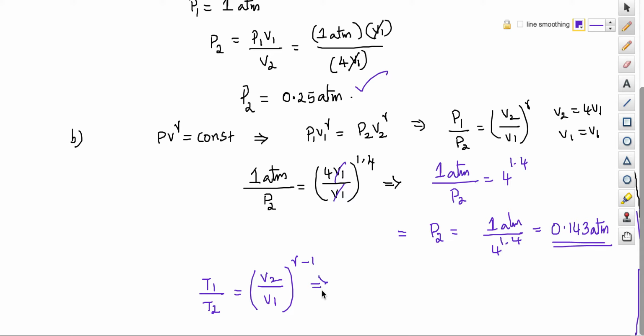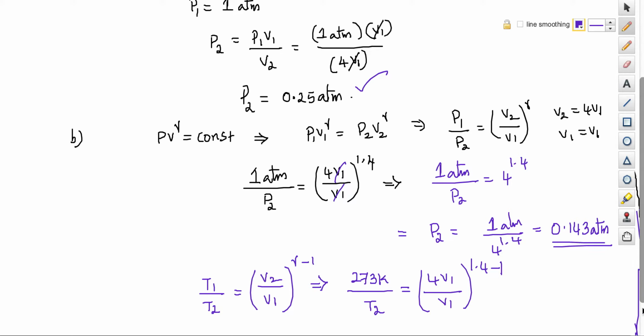Now let's plug in here. Let's take the standard temperature, 273 Kelvin, as the initial temperature, and T2 we are going to find out. Here V2 is 4 times V1, so V2 divided by V1 whole power 1.4 minus 1.